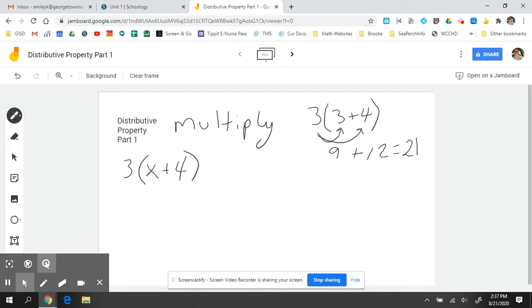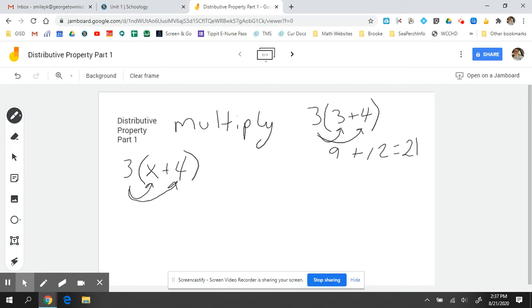Now, if we have a variable, any letter, remember a variable is a letter that stands for an integer that we're looking for. So on this one, 3(x + 4), we're going to multiply that outside number, that's outside your parentheses, times everything that is inside your parentheses.